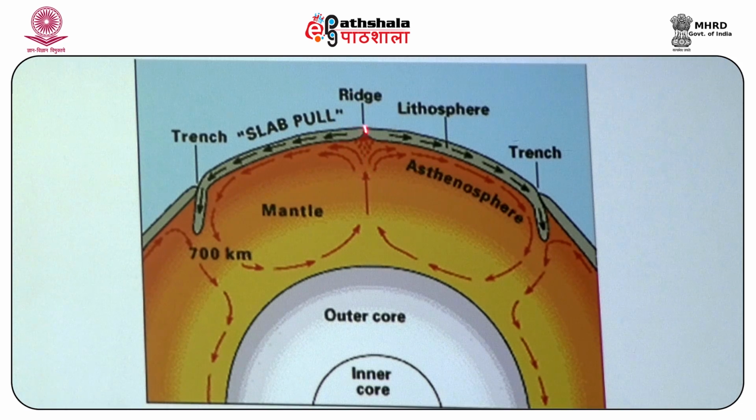So as soon as it comes here, it gets quenched and slowly becomes cooler. As this portion of the lithosphere gets cooler, it becomes heavier. So as new and new material comes, these are moved on either side.